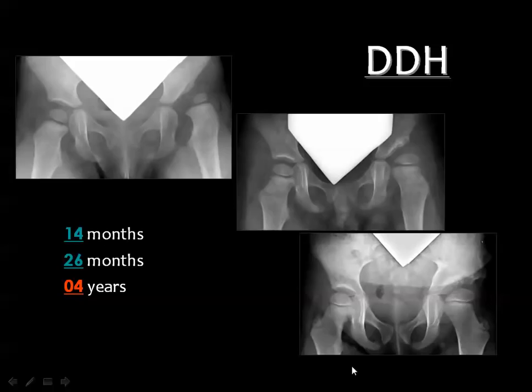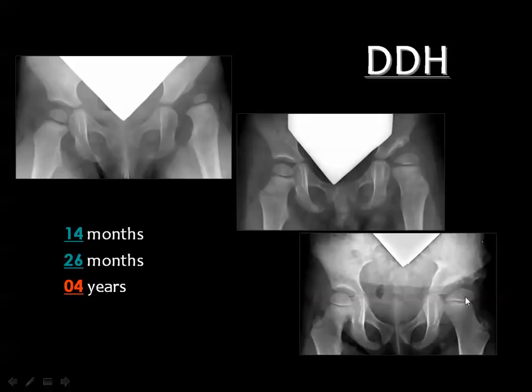And congenital hip dysplasia is one of the diseases that may resolve spontaneously, or with certain measures you can reach this prognosis. Here you see a dislocated hip, and this is the follow-up after 26 months, and this is the follow-up after 4 years.